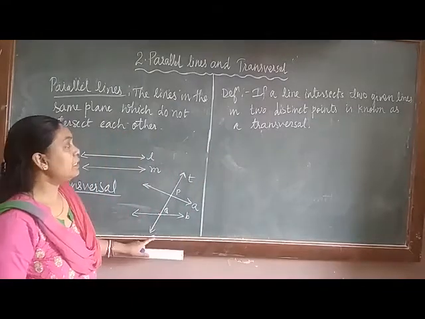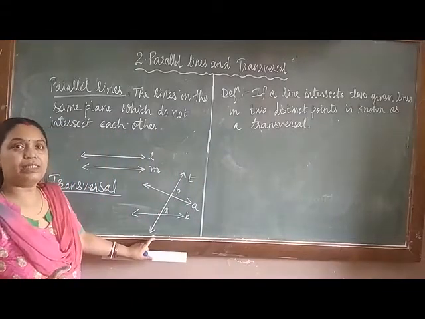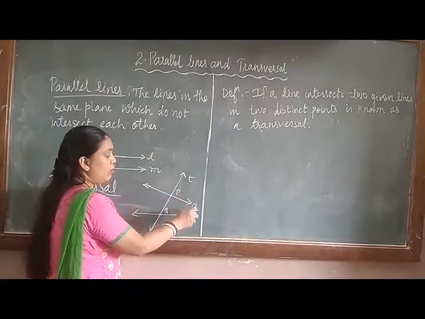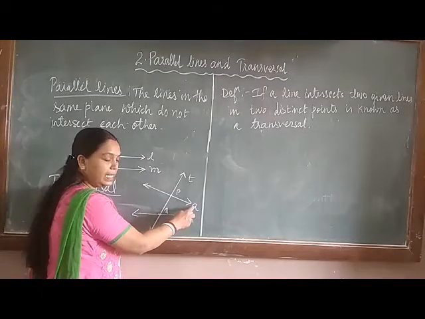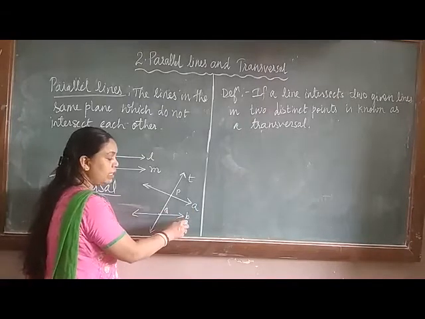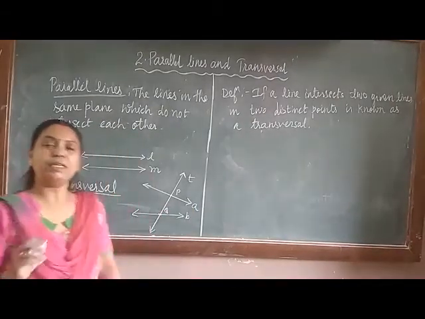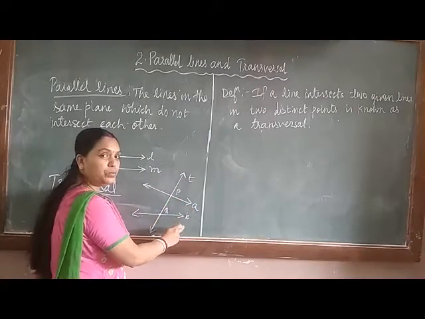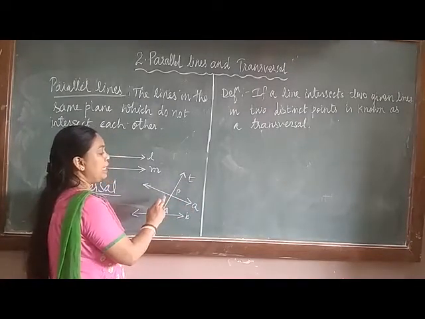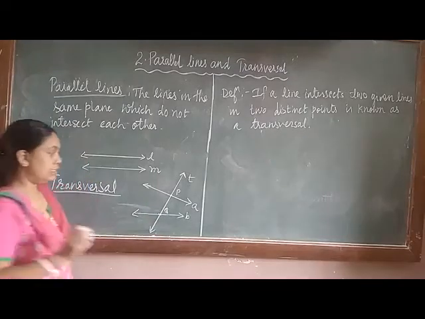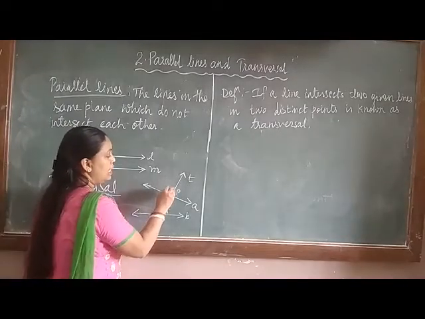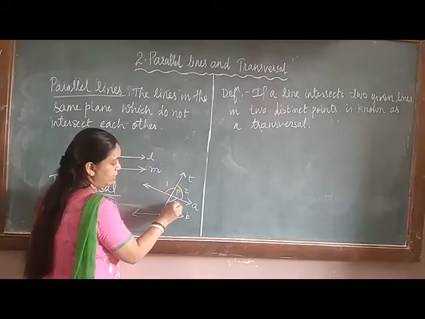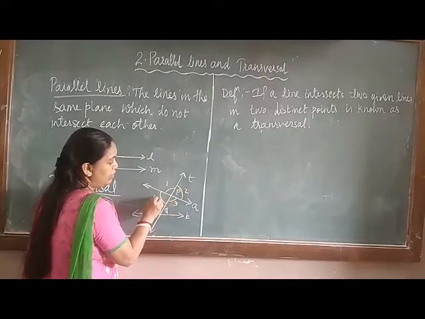Okay, so here this transversal makes four angles on one line and four angles on another line. This way, the transversal passing through two lines makes 8 angles. Let us name them angle 1, angle 2, angle 3 and angle 4.